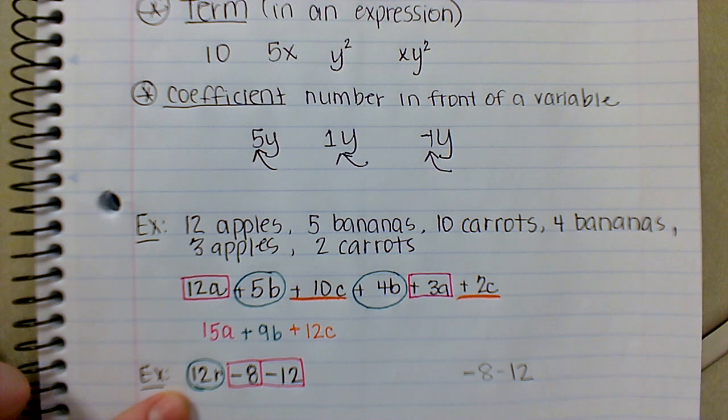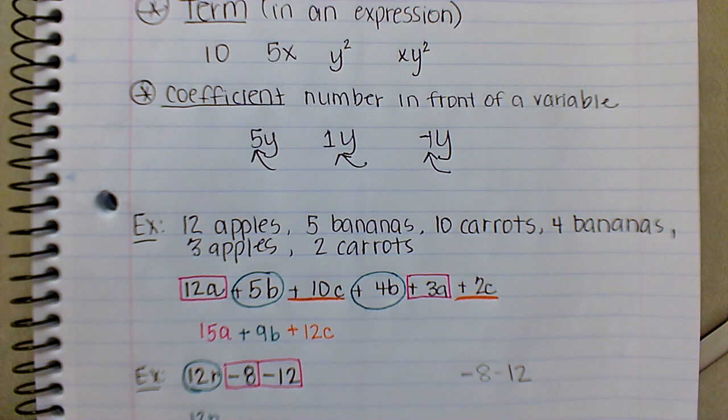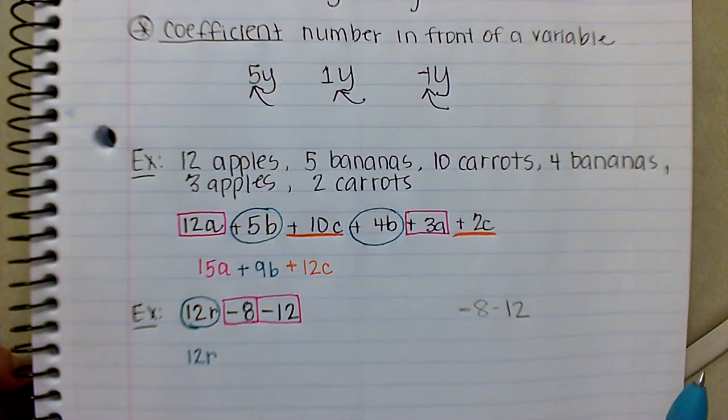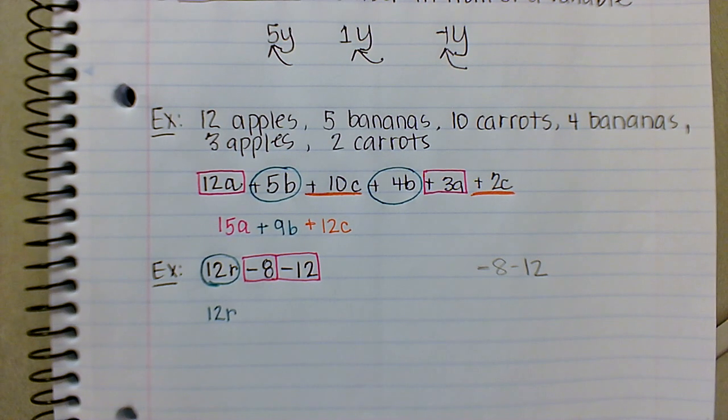Alright, so this is my only R, so it's just going to be 12R. Can y'all see that? Oh, I'm sorry. There we go. And then what is negative 8 minus 12?